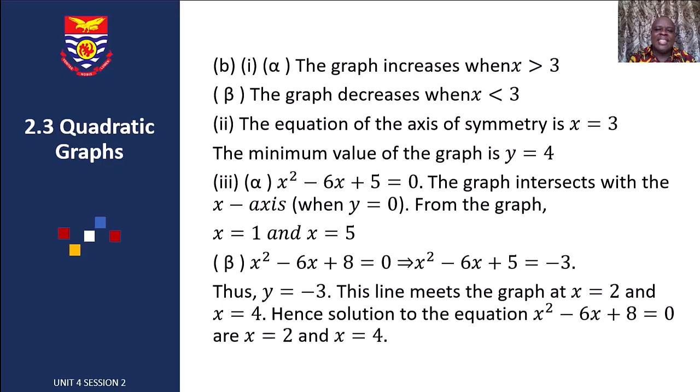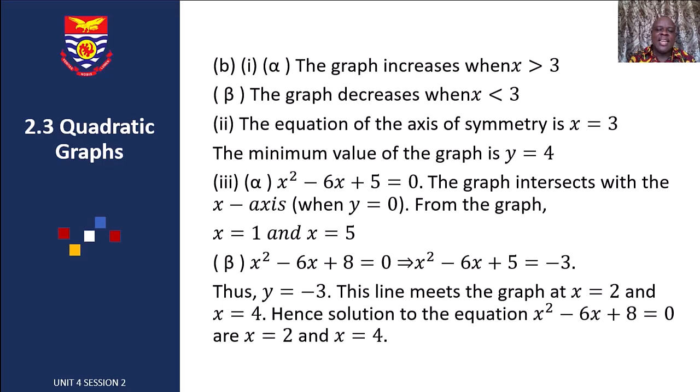And this intersects with the x-axis, and the x-axis is the same as y equal to 0. And so the line y equal to 0 and the curve intersect at x equal to 1 and x equal to 5. So the solution becomes x equal to 1 and x equal to 5.